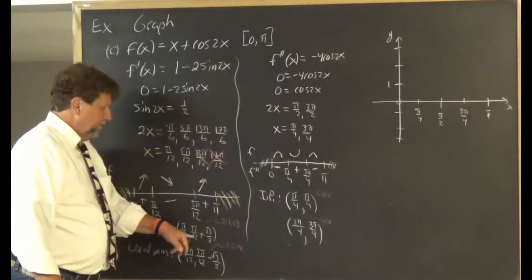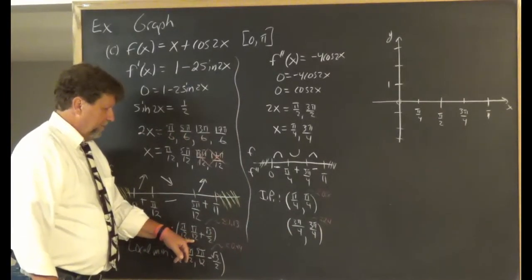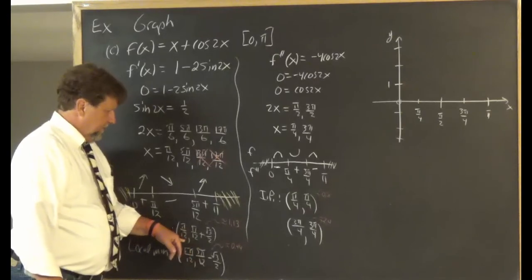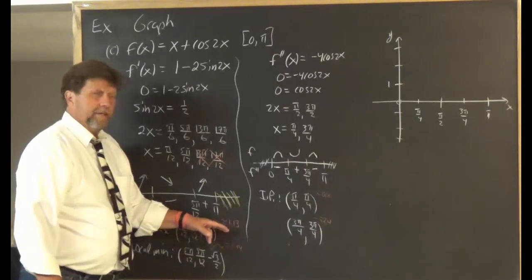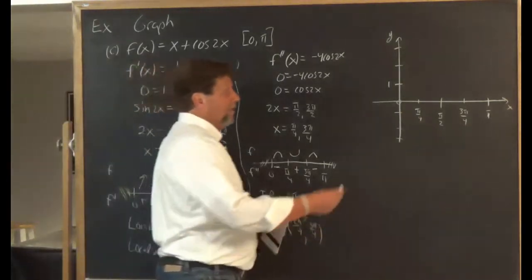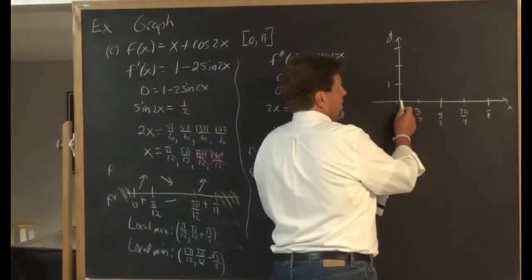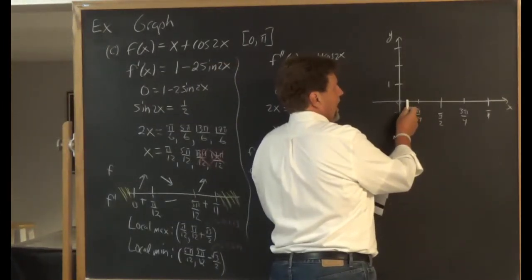Pi over 12, comma, pi over 12 plus square root 3 over 2. So that's pi over 12, and the y-coordinate's about 1.13. So pi over 12. See, halfway would be pi over 8, and then halfway again would be pi over 16.